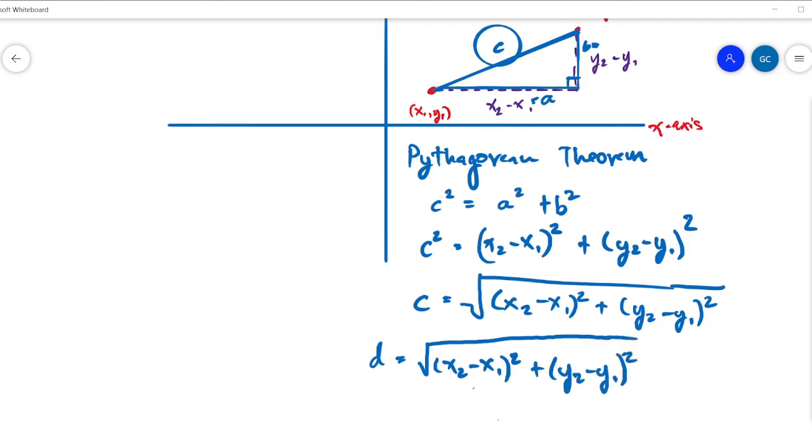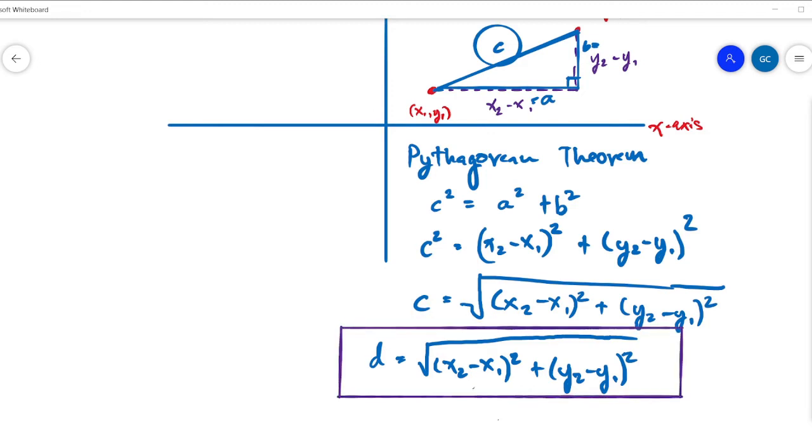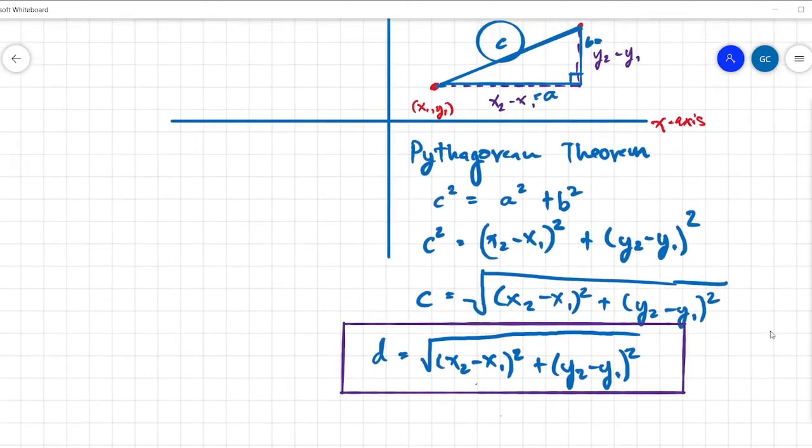So in here, we already have what we call our distance formula, which is given by this formula. Okay? So our distance formula is equal to the square root of the square of the horizontal distances plus the square of the vertical distances. Distance. Okay?